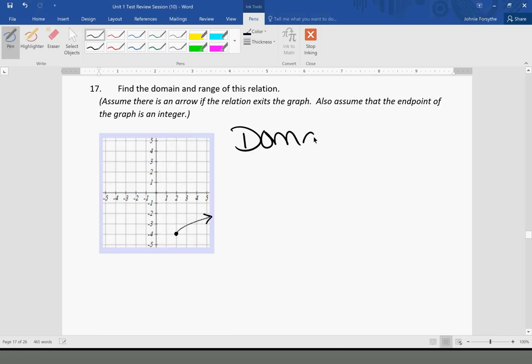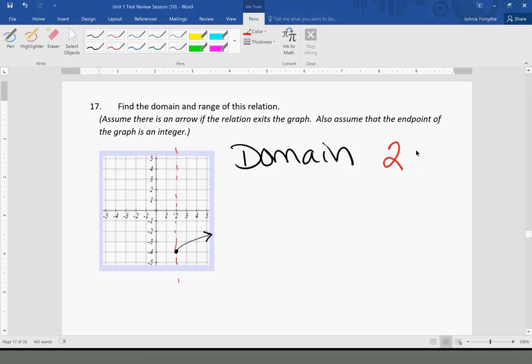Okay, so domain. So we're thinking left to right. So if we travel along the left, it's starting at what x value? Right here at 2. So it's going to go from 2 all the way to infinity, because it's an arrow going on and on to the right like that.